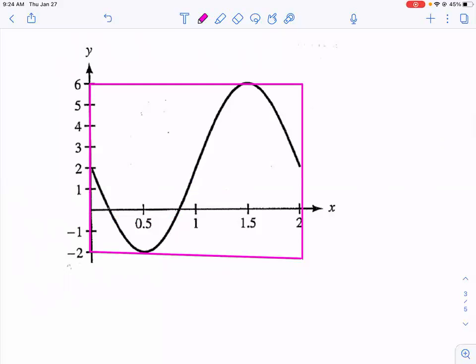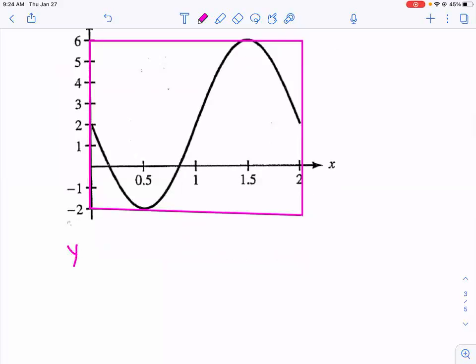All right. What kind of graph are we working with? Jonathan, what kind of graph do we have? Sine or cosine? We have a sine graph. So we know that we are going to be filling out y equals a sine of bx minus c plus d.